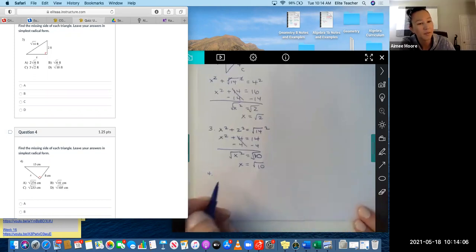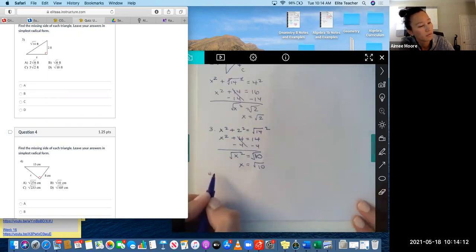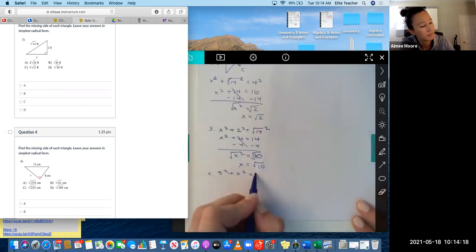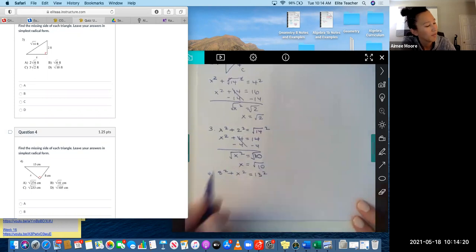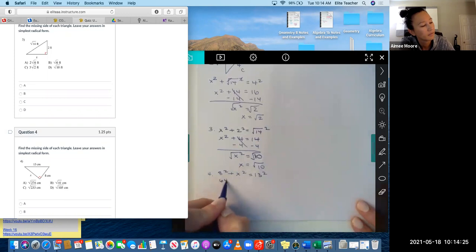Okay, Jade, what about for number 4? I got 8 squared plus x squared equals 13 squared. Perfect. Then what? Then I got 64 plus x squared equals 169.